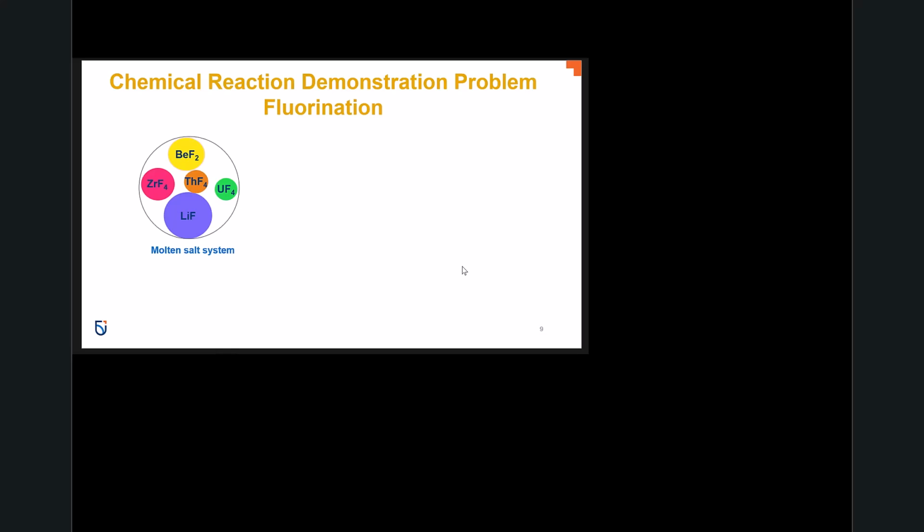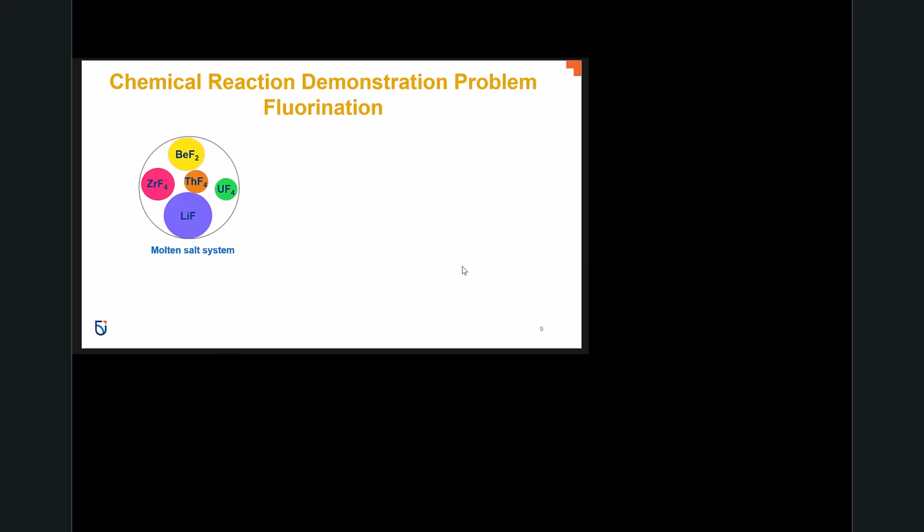These 3 will be our coolant, and those 2 will be our nuclear fuel. But during the process of the molten salt reactor, we need to clean the salt. After some fission, after some operation of the reactor, we need to recover the nuclear fuel, clean up the salt, and then return the nuclear fuel again.